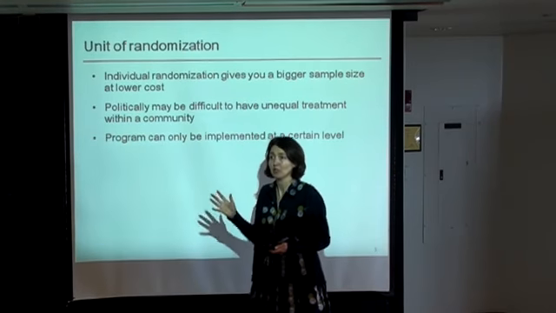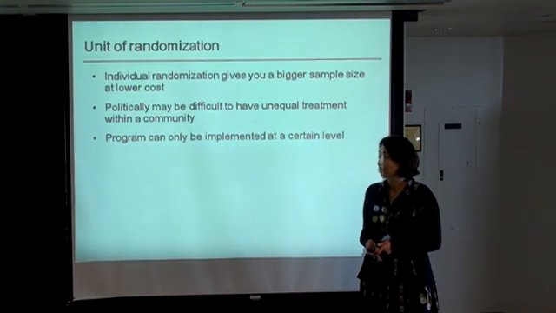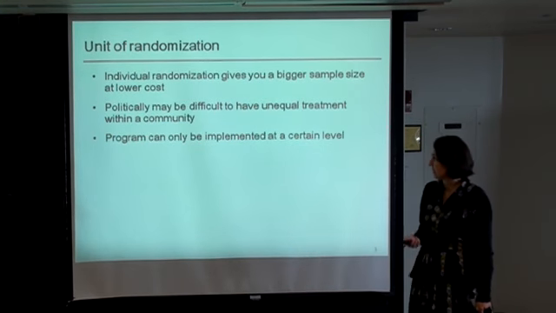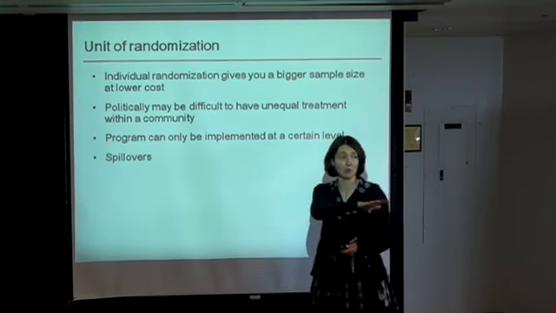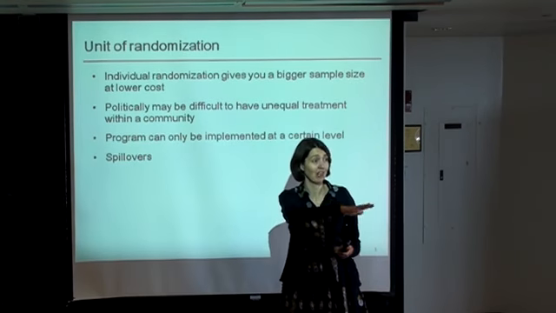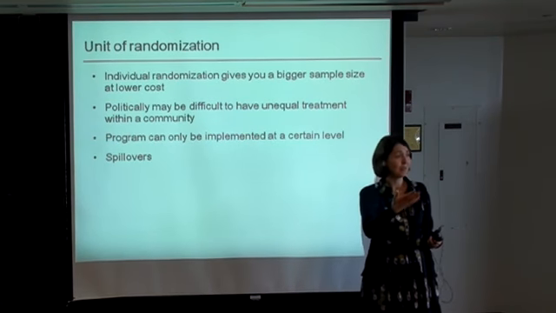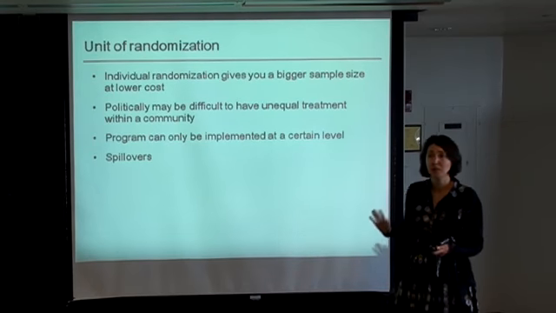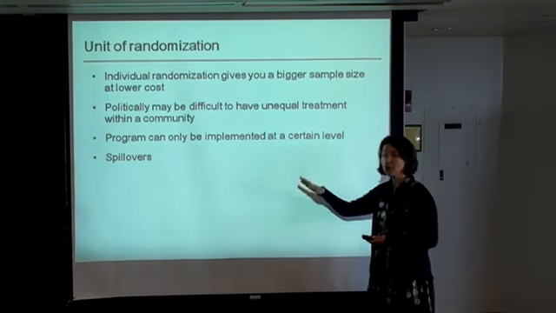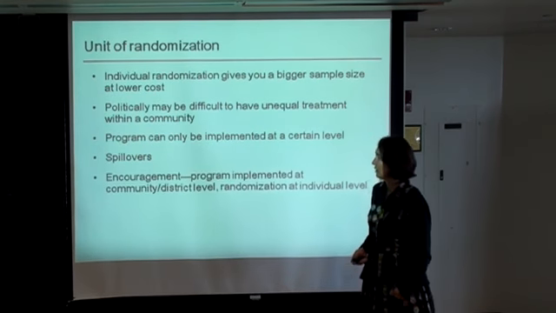That often gives you the answer right there as to what unit you can randomize at. Spillovers is exactly what we were talking about in terms of sharing the food. Sitting next to someone who gets the treatment may impact you, and if it does, you have to take that into account when you design what unit you're going to do the evaluation at.